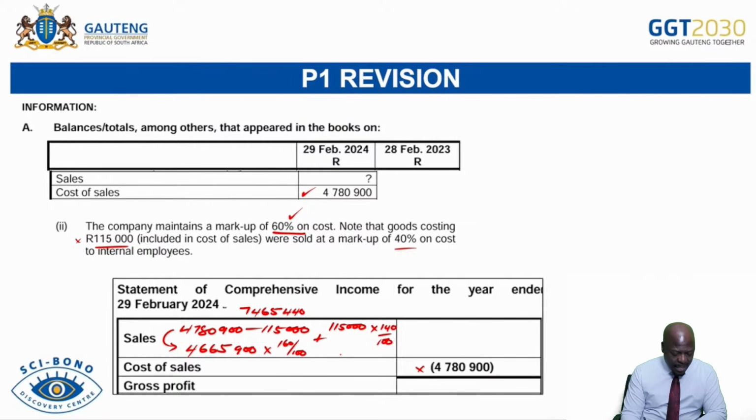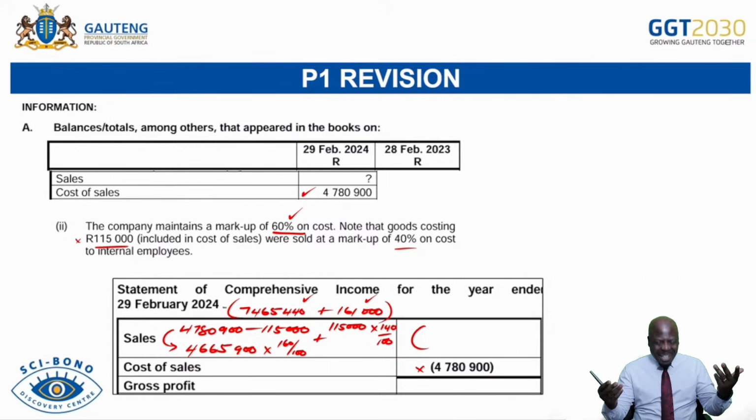And that is going to give us an amount which is 161,000. So I say plus 161,000. I'm just squeezing it at the top here so that you can see what I'm doing. So I end up adding my 7,465,440 plus the 161,000.